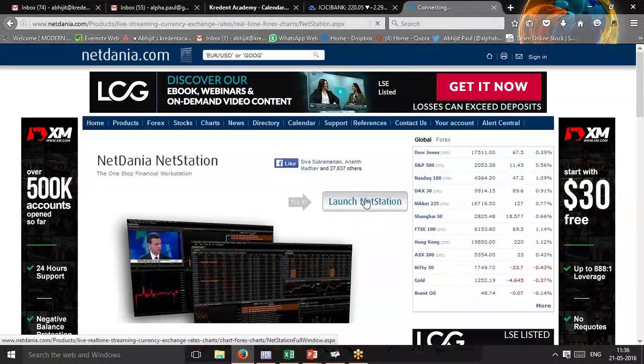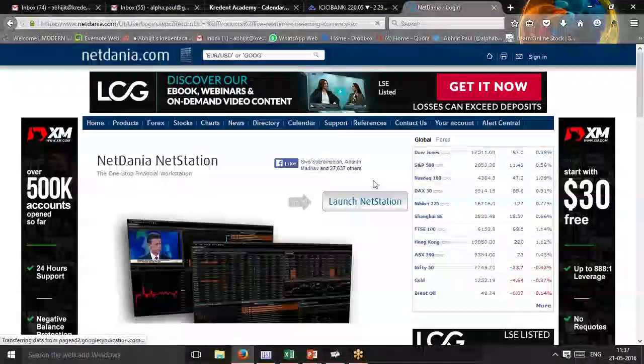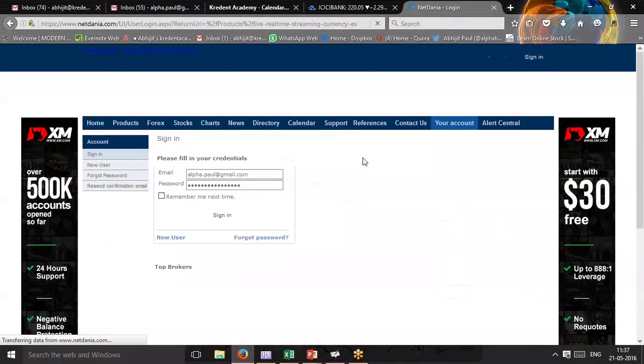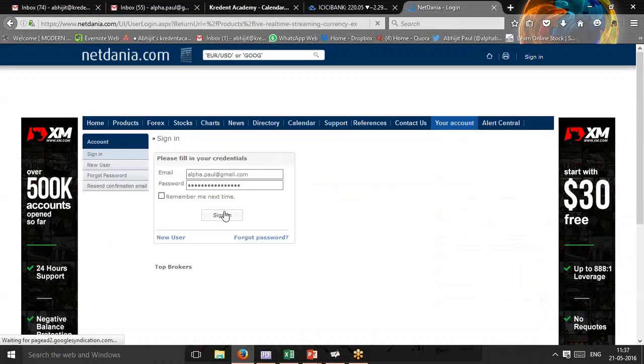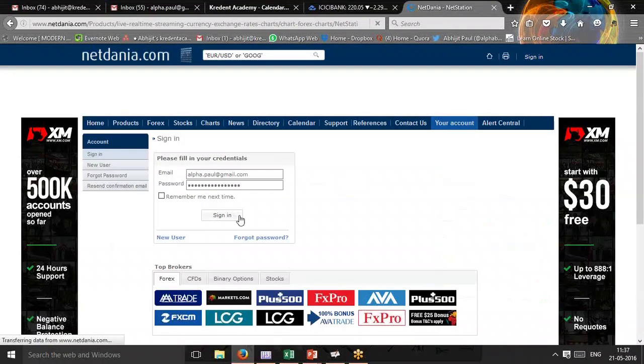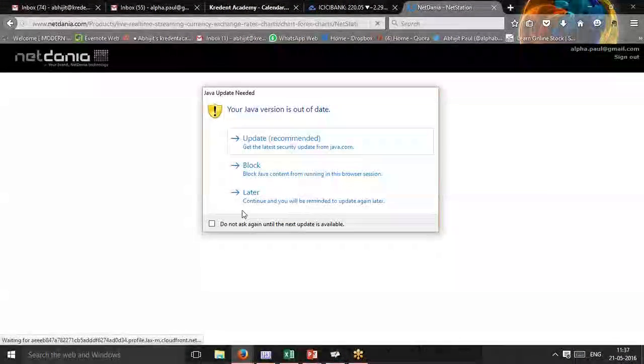When we do the art and science of trading, I think half of day 2 or day 3 goes into NetDania because it's so exhaustive. It's really impressive to use a free platform like this. You can also check their app. Their app on iOS and on Android is fairly good. So you can use that.